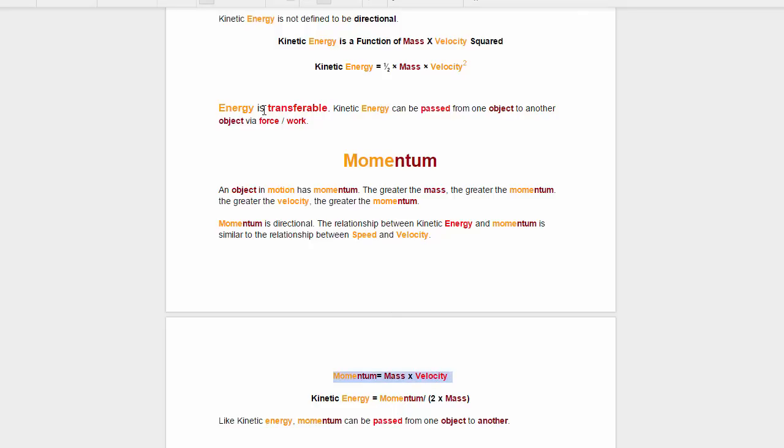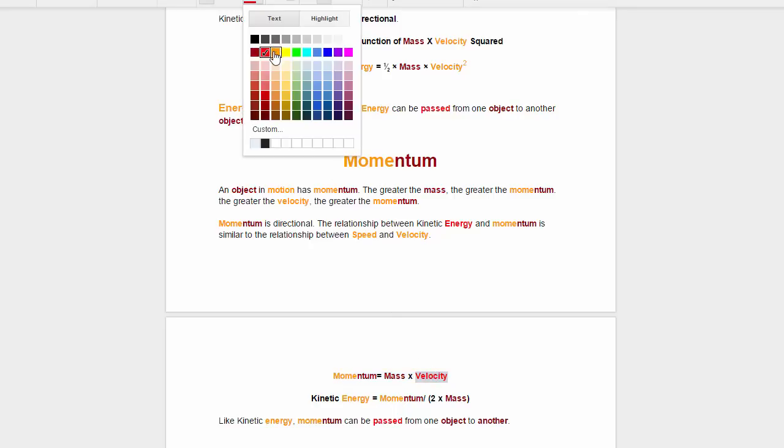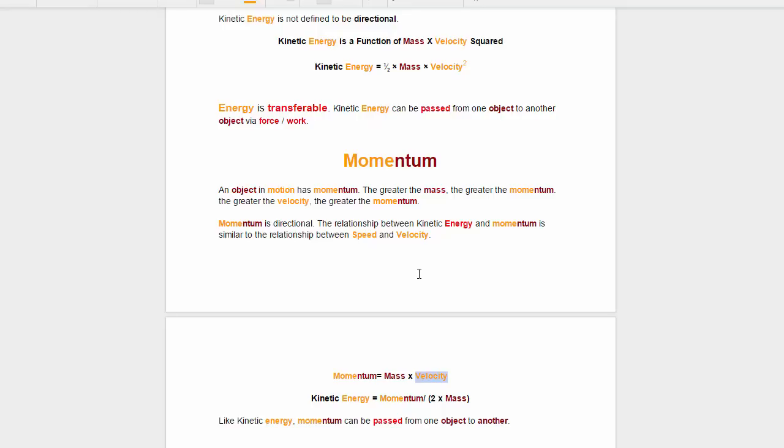Velocity should be orange here. So the heavier I am, the more momentum I'm going to have when I'm moving. If I'm a train, I'm going to have way more momentum than if I'm the 153-pound human I actually am, right? So the greater the mass, the greater the momentum; the greater the velocity, the greater the momentum.